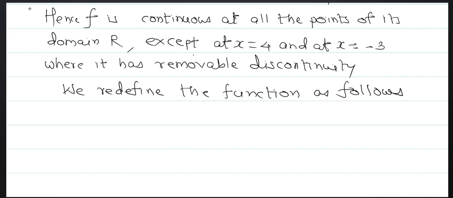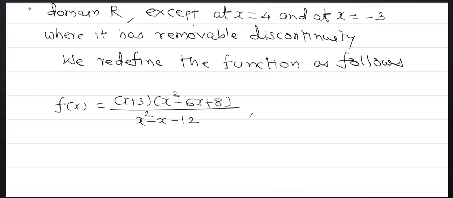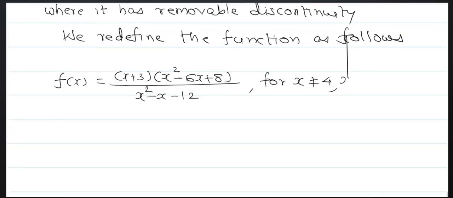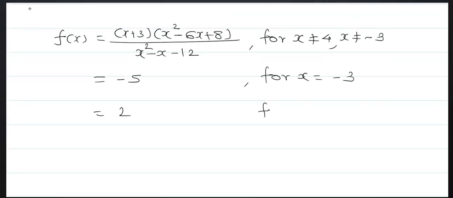Therefore, we will redefine the function as follows. F of x is equal to (x plus 3)(x square minus 6x plus 8) upon (x square minus x minus 12) for x not equal to 4 and x not equal to minus 3, equal to minus 5 for x is equal to minus 3, and equal to 2 for x is equal to 4.